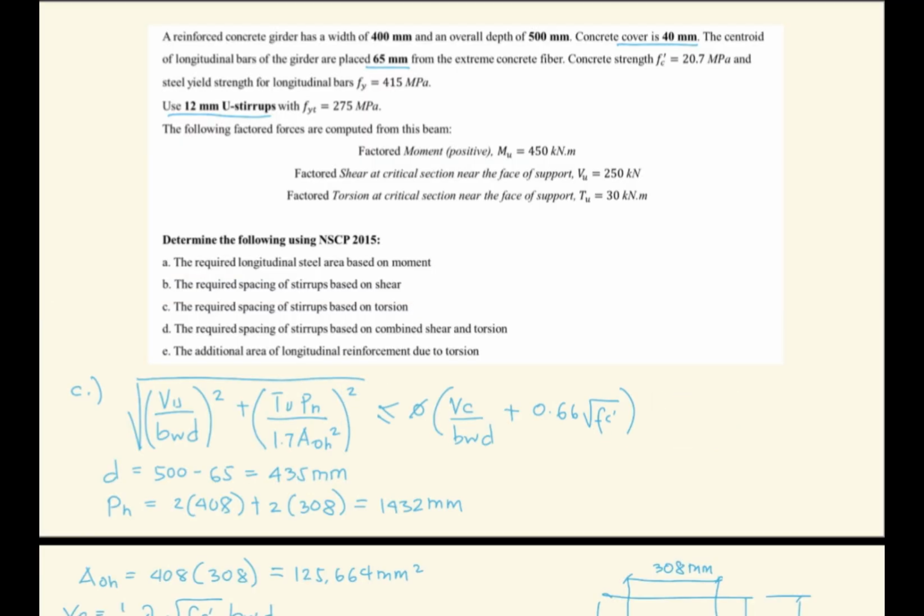And now finally, we need to satisfy the requirement of item E, that is the additional area of longitudinal reinforcement due to torsion.